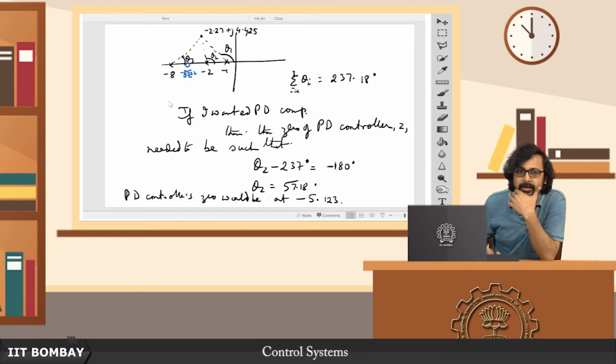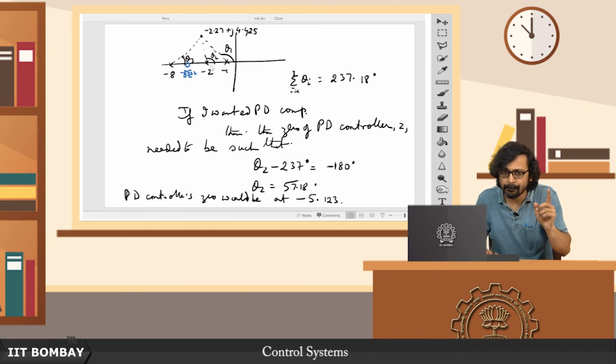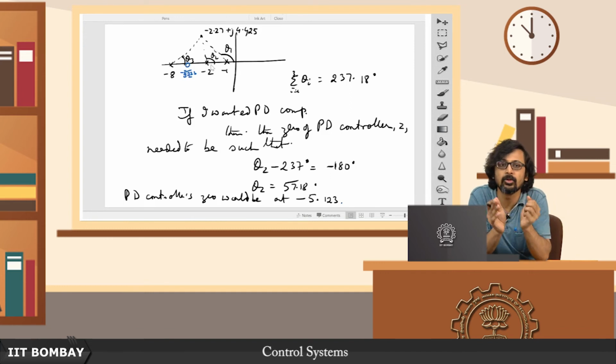So what if I place this zero over here, so that when I add this pole, I will have at least one less pole to deal with, because if I am adding a pole-zero pair, it will now have 4 poles and 1 zero. So if I cancel out this one pole with this zero, I will have just 3 poles and no zero to deal with. That simplifies matters a lot, no?